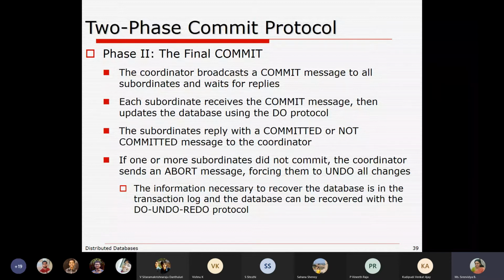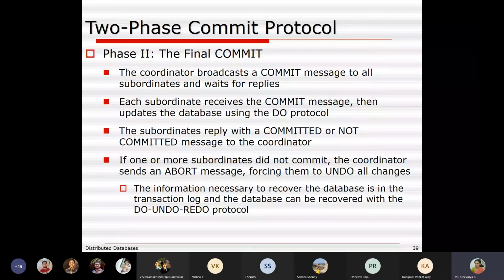Because in your log you have written what is the before state and what is the after state. So now the database is still in its previous state. When I'm ready to commit, I update my database into the new state, that means the after state, and then I reply saying that I have committed.